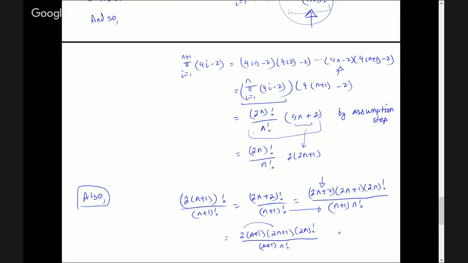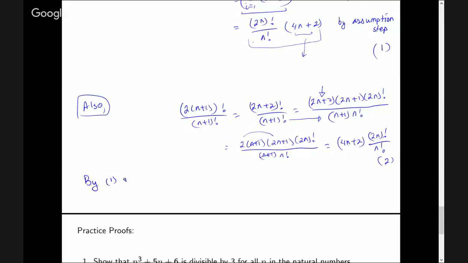Multiply this one through that one, and you get a 4n plus 2 times a 2n factorial over an n factorial, which is the same thing as we had, and I'm just going to leave this line off. I'm going to call this equation 1 right here, and I'm going to call this equation 2. And now we're going to get our conclusion.